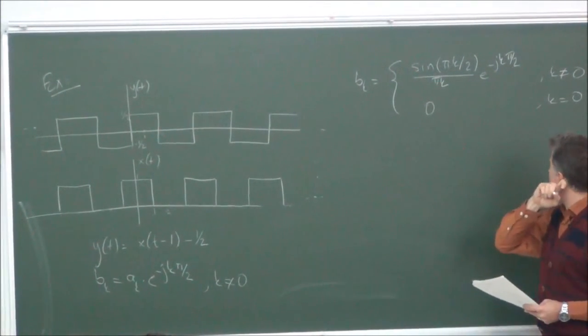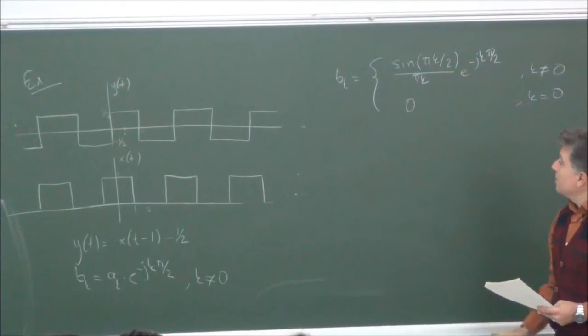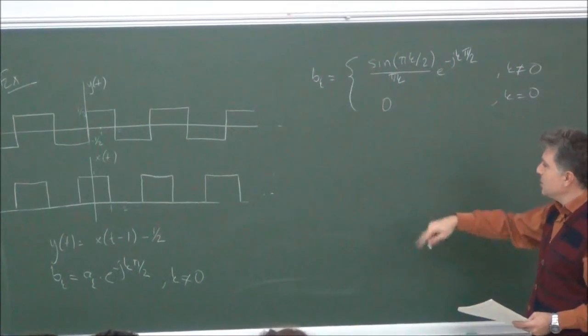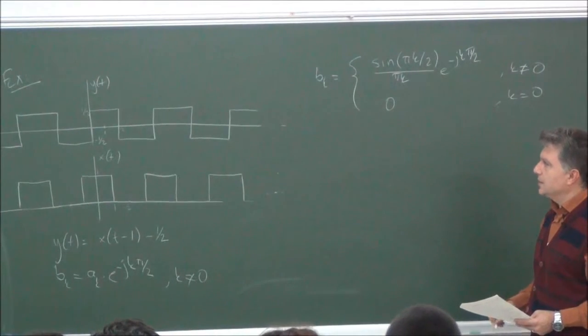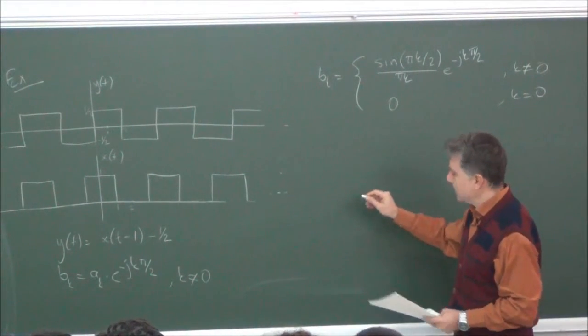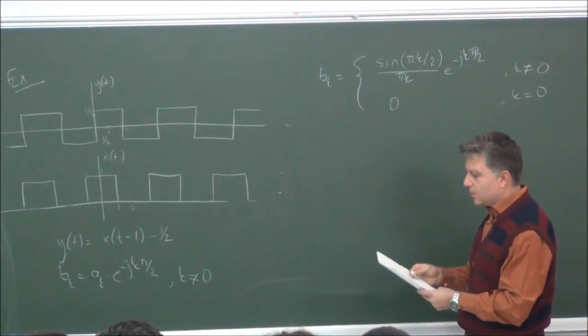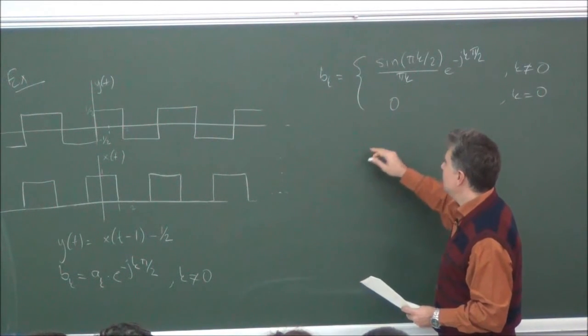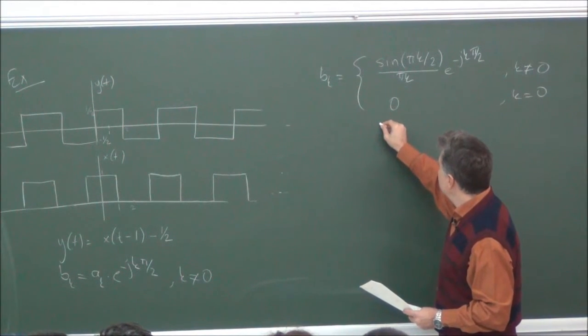So B0 is equal to 0. From here now I will continue. This is just a review of what we did last time. The continuation of this example is as follows.